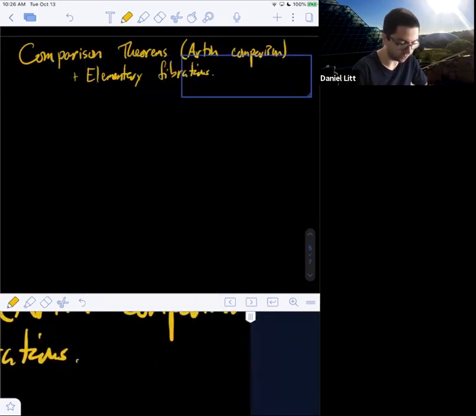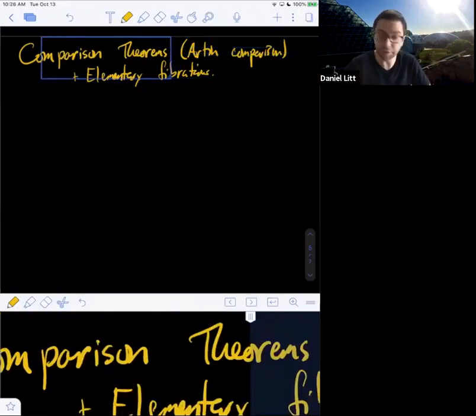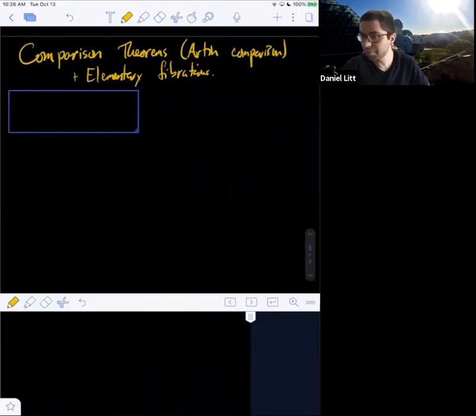This class and next class will be devoted to introducing what an elementary fibration is and then using it in various ways to prove, for example, Artin's comparison theorem, which compares étale cohomology to singular cohomology. I'm also going to prove some finiteness theorems for étale cohomology using it. Are there any questions before I go on?